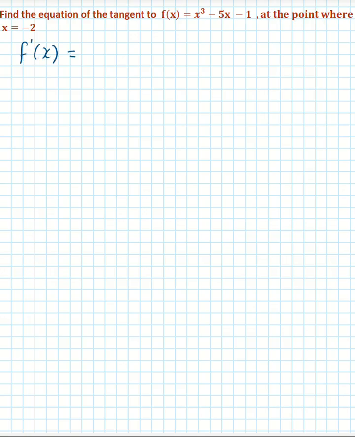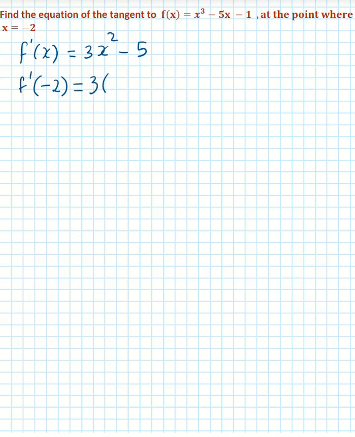So f dash x is going to be equals to, using the derivative laws, 3x squared minus 5. Alright, and then we're going to substitute minus 2 into the formula we found to find out the slope.